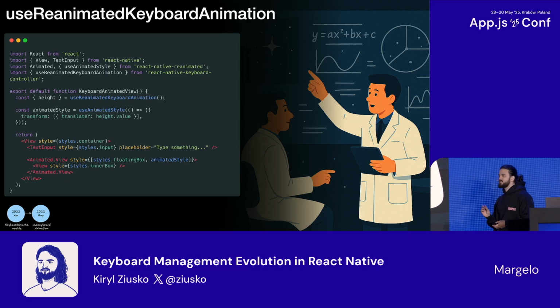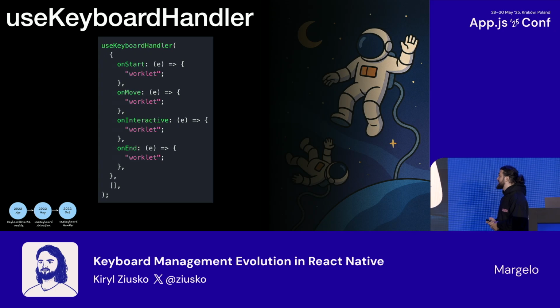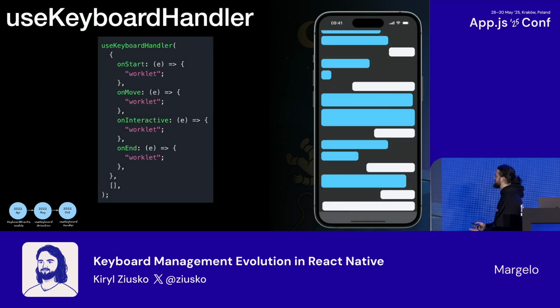However, sometimes you need to have fine-grained control of each frame during keyboard animation. And this is exactly where useKeyboardHandler comes into play. Basically, this hook gives you 4 callbacks, which are invoked when the keyboard is moving. How does it work? It works pretty simply.